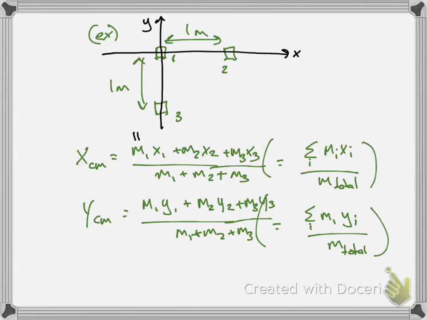M1 is, let's just make them all 1 kilogram masses. M is 1 kilogram, all of them, M1, M2, and M3.